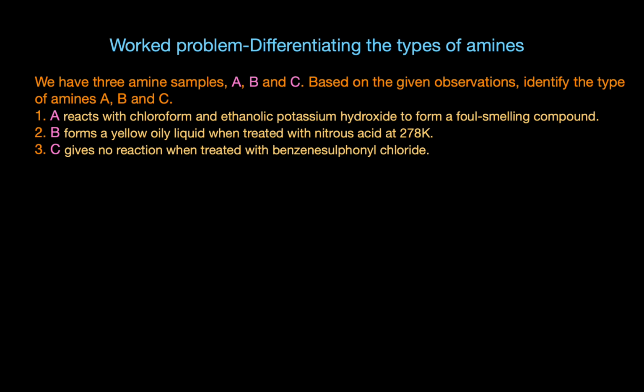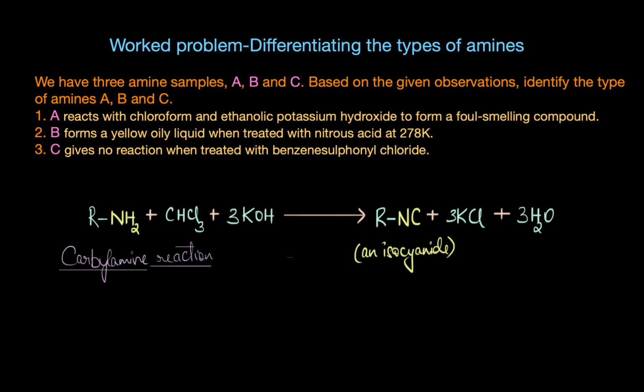Now this is nothing but a carbylamine reaction, correct? And the carbylamine test is characteristic of primary amines, especially primary aliphatic amines. So it's given here that A undergoes this reaction successfully to form a super foul-smelling compound, which means that A is a primary amine, most likely a primary aliphatic amine.